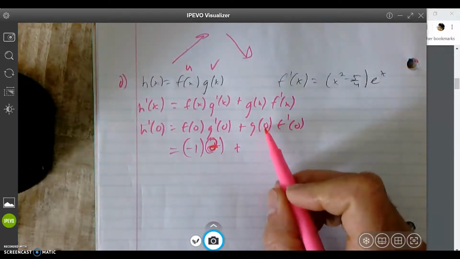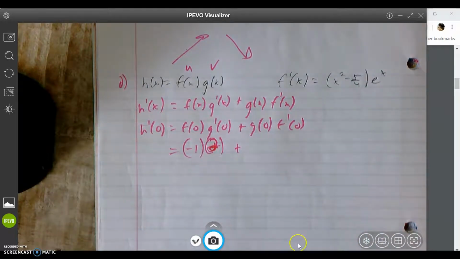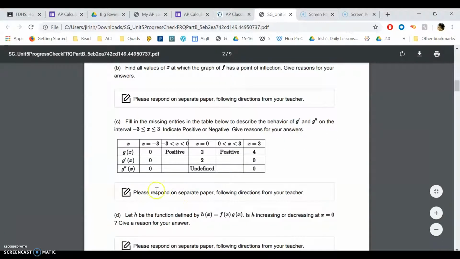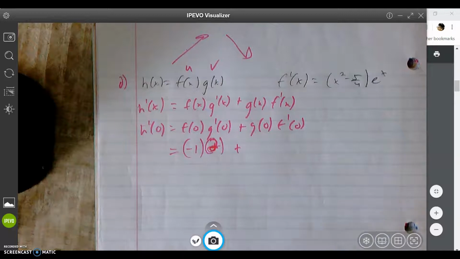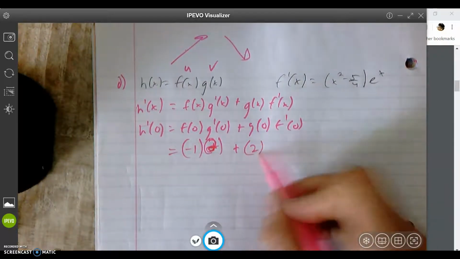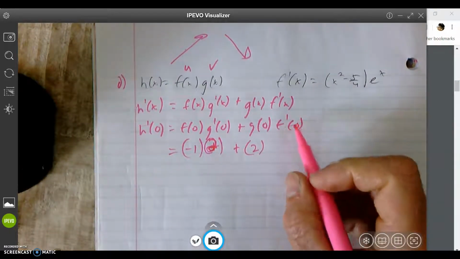G of 0, let's take a look. I think that's 2, right? G of 0 is 2 also. You can also get it off the graph. And then f prime of 0.